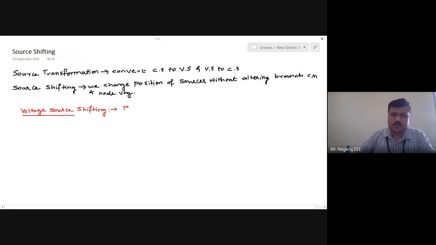Just remember the key points: voltage sources are shifted beyond nodes.